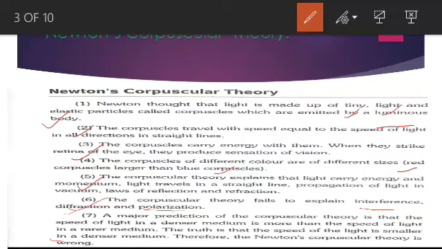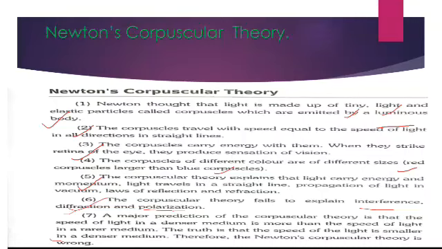But this contradicts the corpuscular theory, and for this reason Newton's corpuscular theory was rejected, and there was a necessity for a new theory. To overcome this drawback of the corpuscular theory, Huygens gave us a theory which is known as Huygens wave theory.